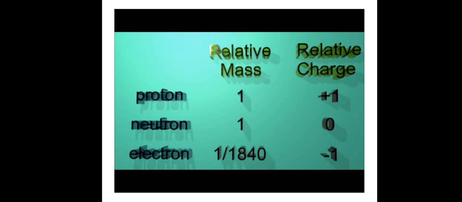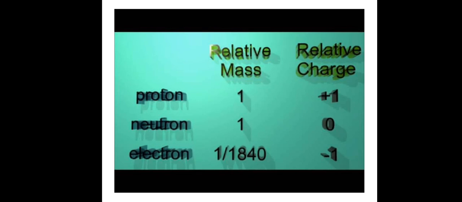Let's see a summary on a table whereby we have the relative mass and then the relative charge on this side. We have the protons as number 1. The protons have a mass of 1 and a relative charge of positive 1, or plus 1. We come to neutrons.